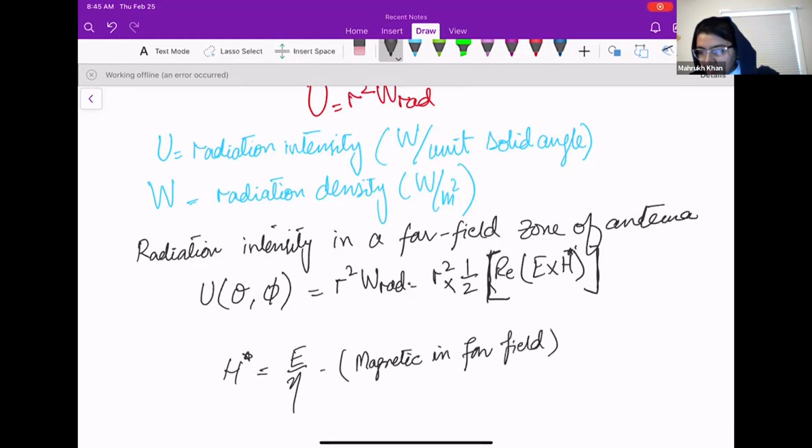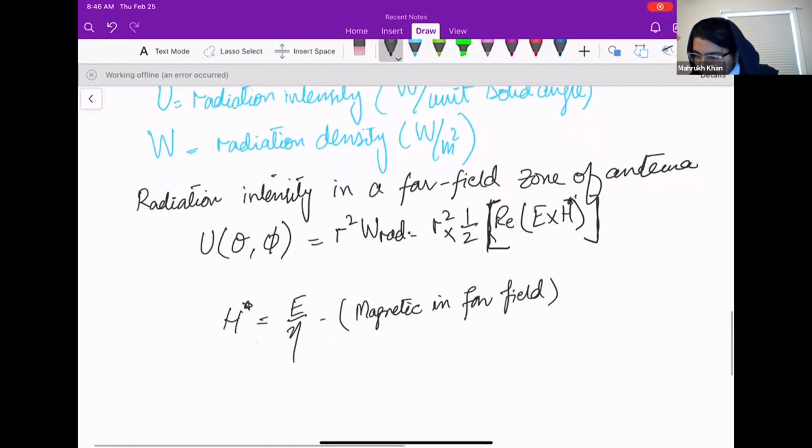We are not talking about directions yet. We are just saying that H, the magnetic field vector, is equal to electric field vector over eta. And I will define what eta is, but it's a big approximation for the far field. And E is E in the far field. So we know that it's real, so we will replace this as R square 1/2 E square over eta.